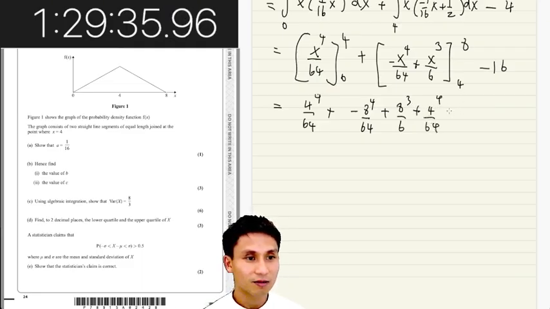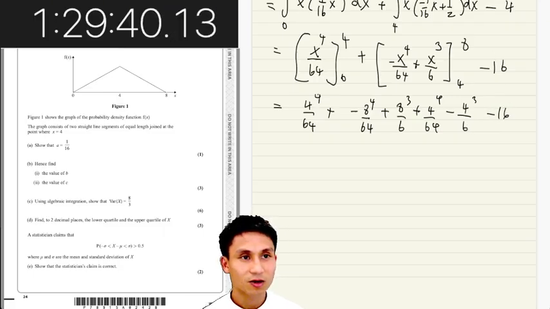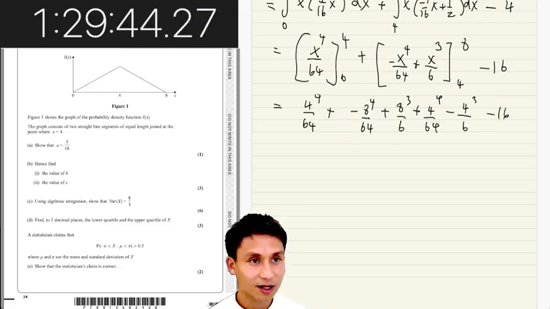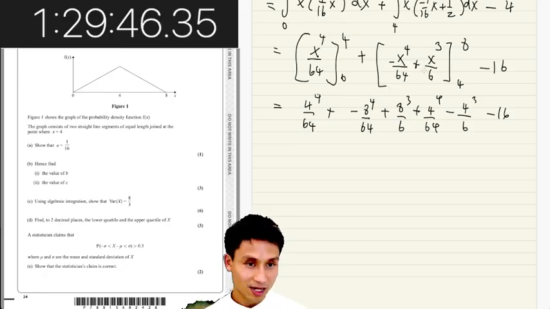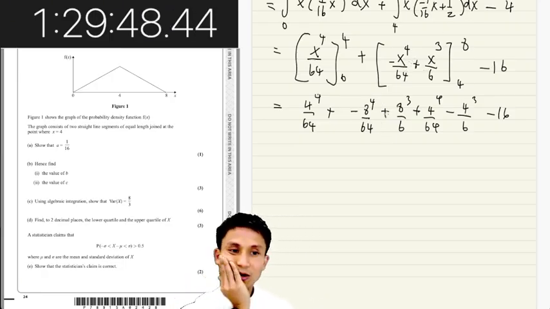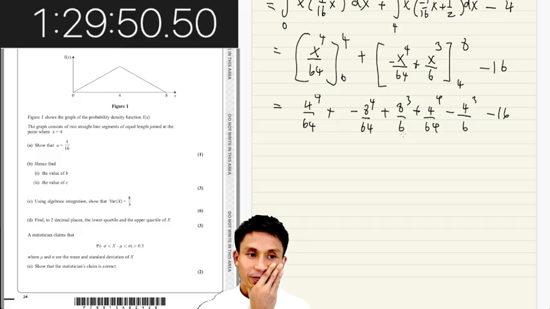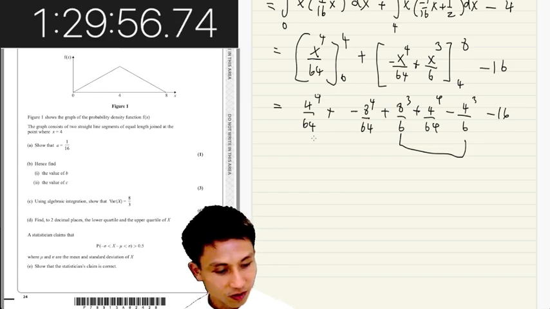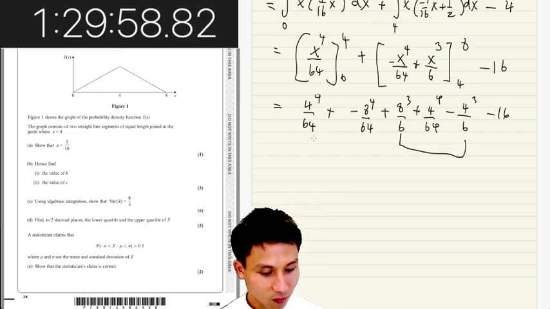And then minus 4 cubed over 6, minus 16. We've got to do some simplification here, guys. Yeah, because of my calculator again. Okay, let's see. This is tricky. So we pair up this and then we do all the over 64. So that would be 4 to the 4.